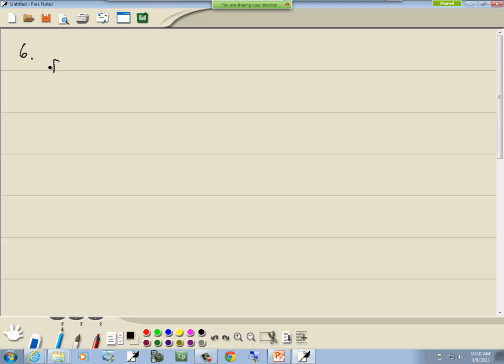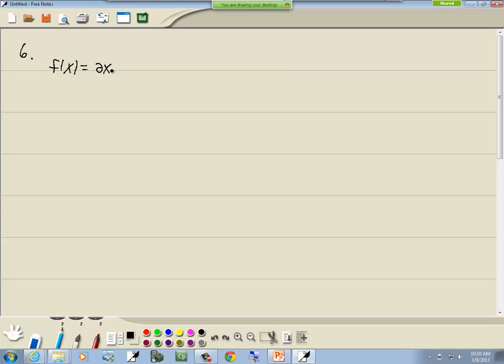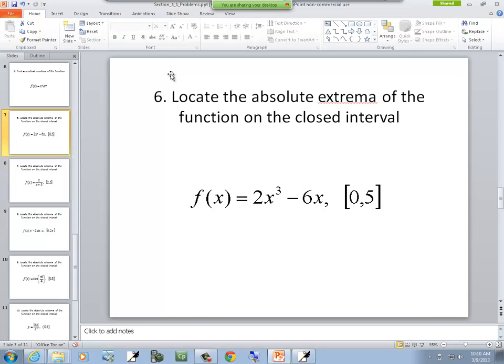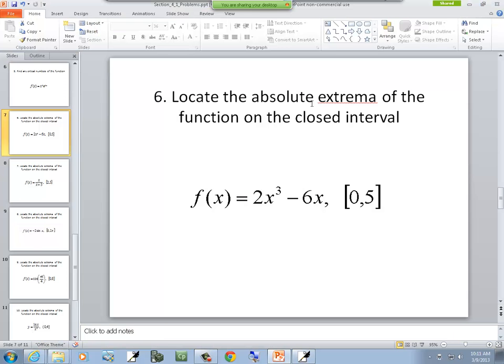Got f of x is equal to 2x to the third minus 6x, 0 to 5. And it's asking us to locate the absolute extrema of the function on the closed interval. Find the highest point and lowest point. That's what absolute extrema means.